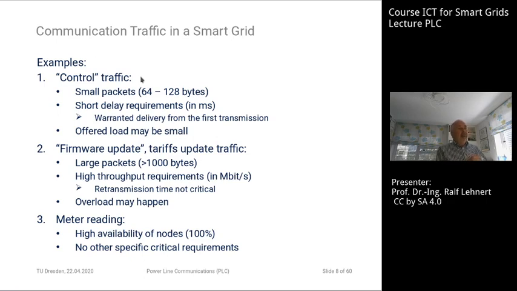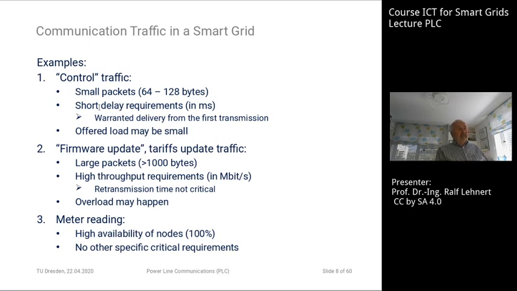So typically control traffic is a traffic type where the digital packets are small because they contain only address information and a very short control command. But if you want to switch something on or off, you usually do need a quite short delay.